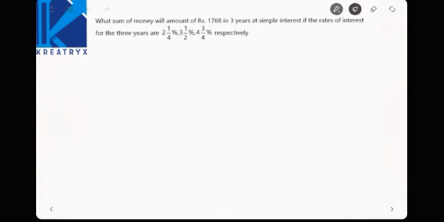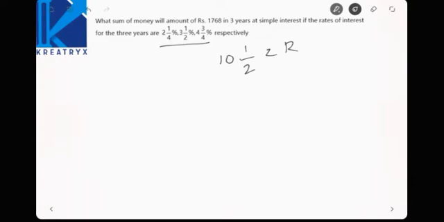So the only thing that changes is R. If you add all these R values, that will be the total rate of interest. See here, add all those three, what do we get? 10 1/2. Right, this is R, that is nothing but 10.5.